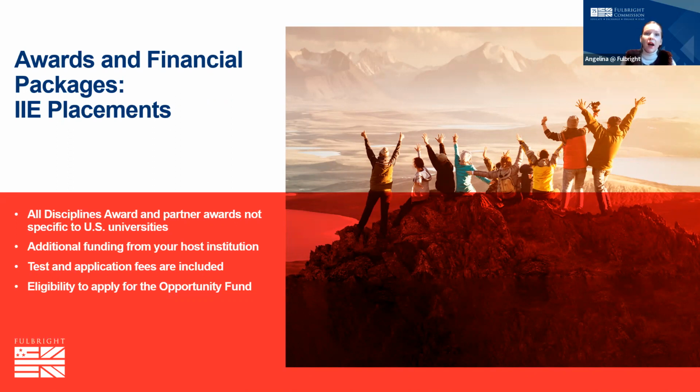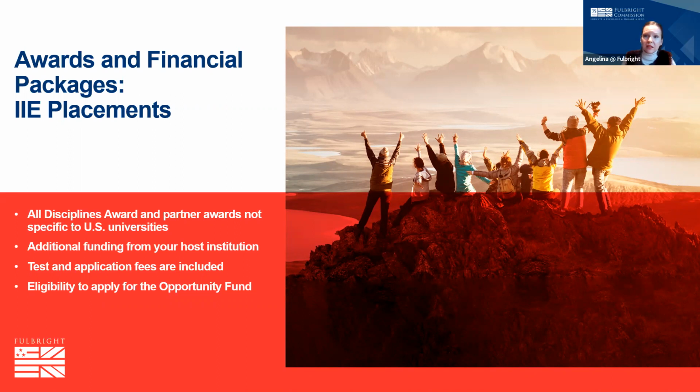Finally, if you're on the IE placement model, you will be eligible to apply for the Opportunity Fund. The Opportunity Fund is a pot of money offered by the US-UK Fulbright Commission to its already selected grantees. Normally, it's available to those of you who have explored a variety of options to cover any shortfall you're dealing with.